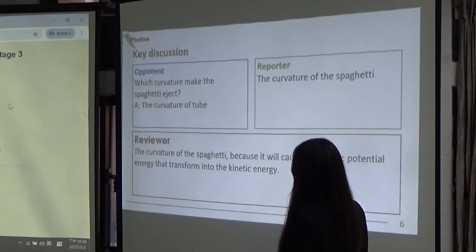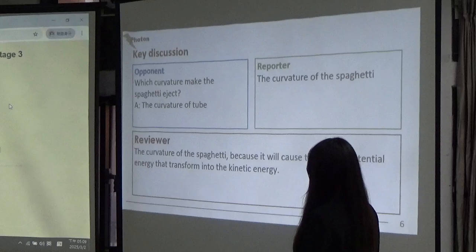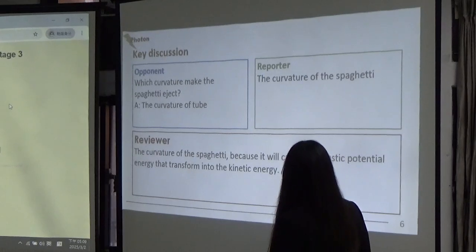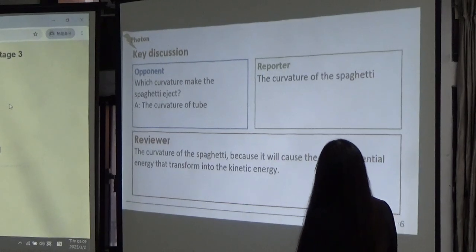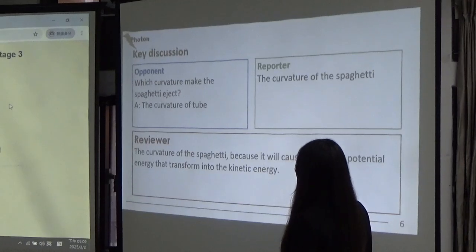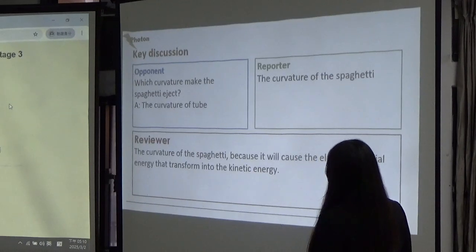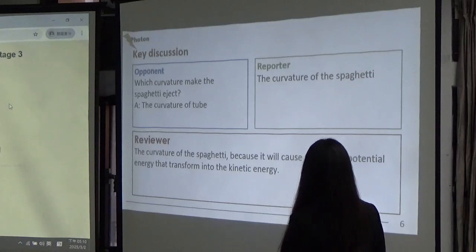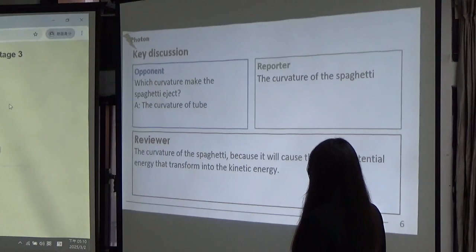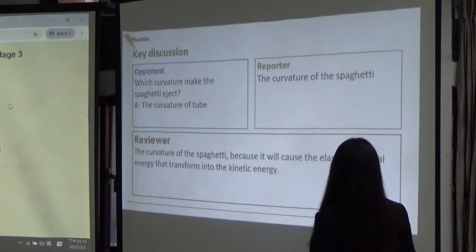In discussion two, the opponent asked which curvature makes the spaghetti eject. She thinks it is the curvature of the tube, and the reporter thinks it is the curvature of the spaghetti. I think the curvature of the spaghetti is the main reason, because it causes the elastic potential energy to transform into kinetic energy.